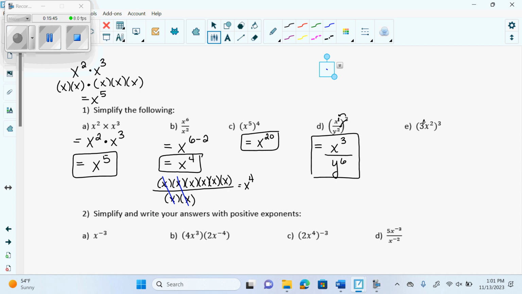If something doesn't have an exponent, its exponent is 1. So we did it here with the x to the 1, correct? You just have to remember that the 3 goes to both of them. The 3 goes to this exponent and to this exponent. So I actually get 3 to the 3, x to the 6. What's 3 to the 3? 27.